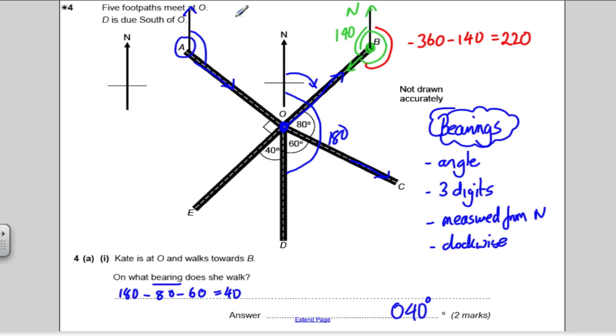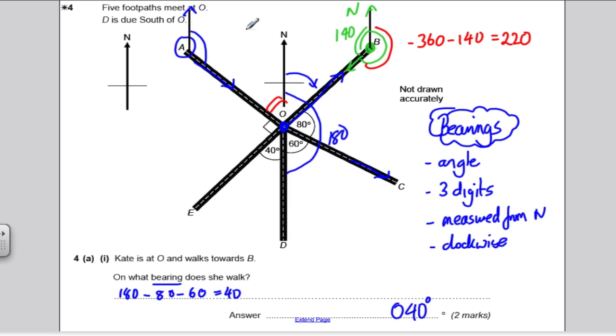Well, in order to work that out, what we could do is instead work out this angle here. And that angle there I could get by doing 360, take away all the other ones from here. So these add up to 180. So to get this one here, it would be 180 left over, take away 90, take away 40.